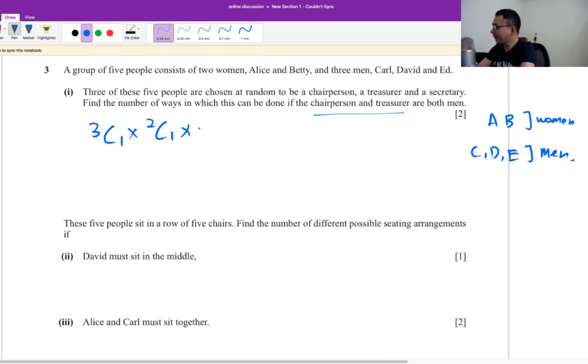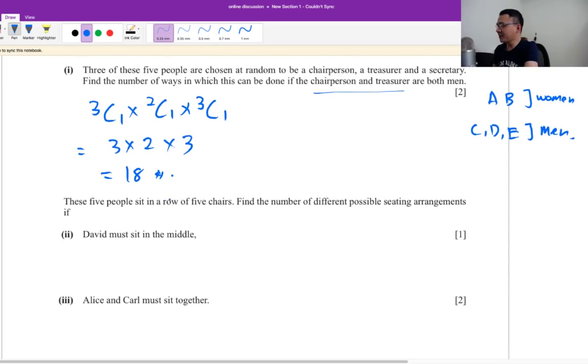For the secretary, the question doesn't say they want men or women, so I still have 3 persons left, 2 women and 1 man. From 3 of them, I will choose 1 to be a secretary. So you will get 3 times 2 times 3, which is 18. Alright, so just like that.